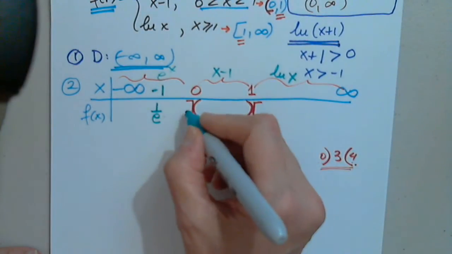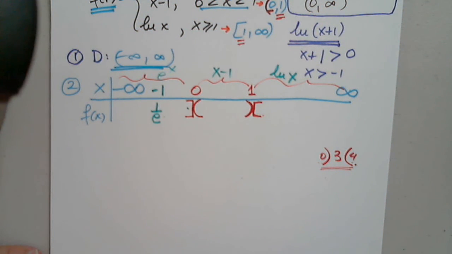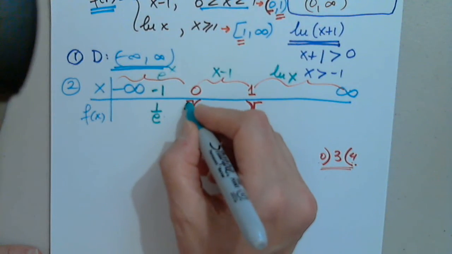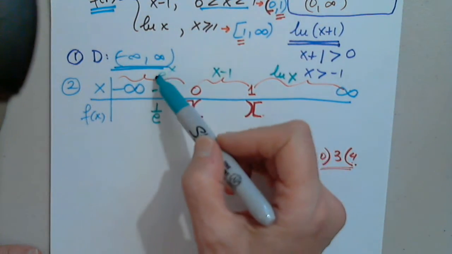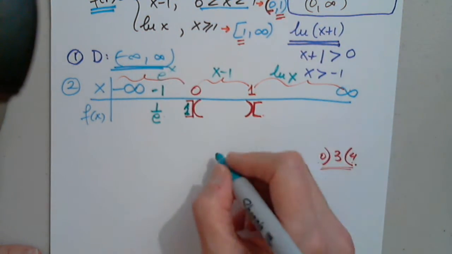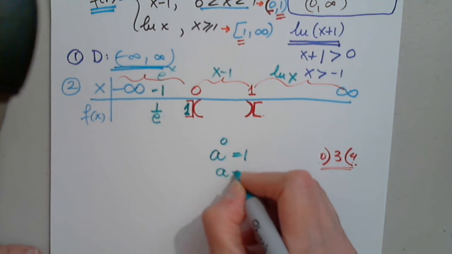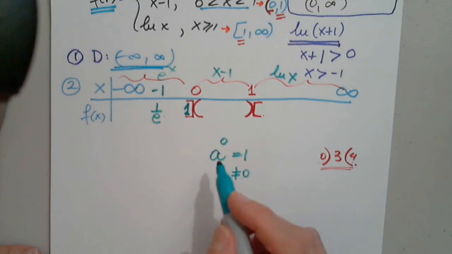When I plug in 0, what do I get here? 1. Very good. So any number raised to 0 is 1, except 0.